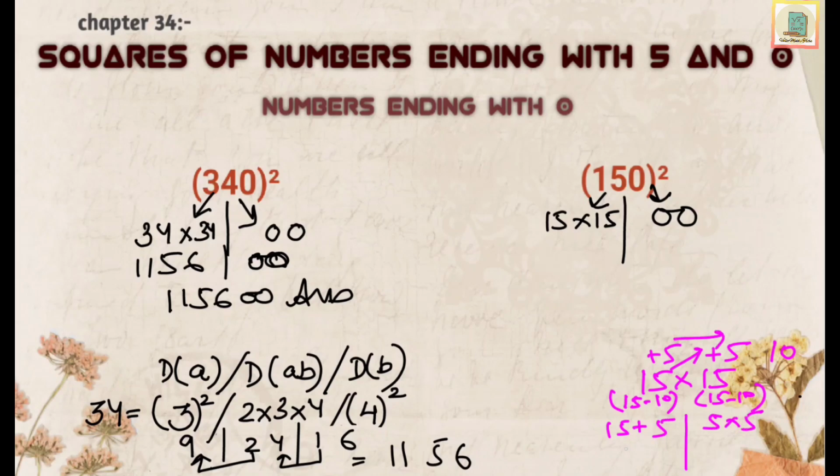So here we get 15 plus 5, 20, and 5 5s are 25. Since the base is 10, we need to have single digit in the second partition. So this 2 will go and add up over here. So we get 20 plus 2, and here we get 5. So we get 225. So 15 multiplied by 15, we get 225, and here we get 00. So the final answer we get is 22500.